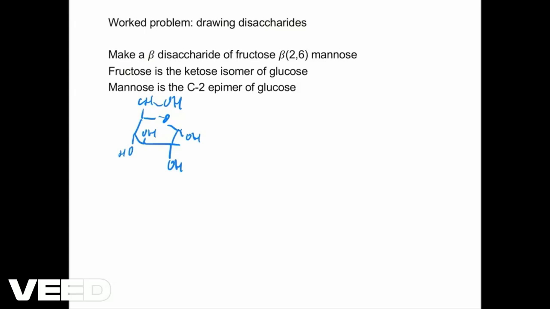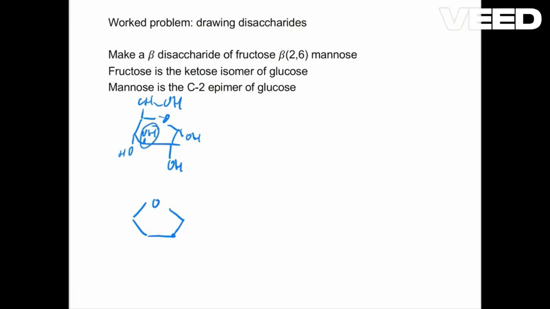So we need to make fructose, and generally, instead of forming a pyranose, it would form a furanose. And so this is carbon 3 right here. Well, carbon 3 on glucose has its hydroxyl pointing up.